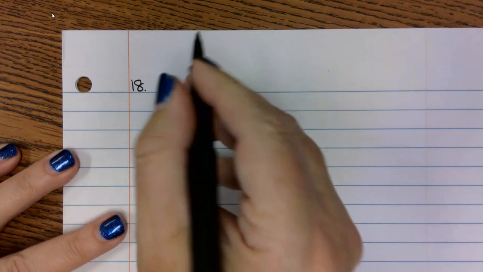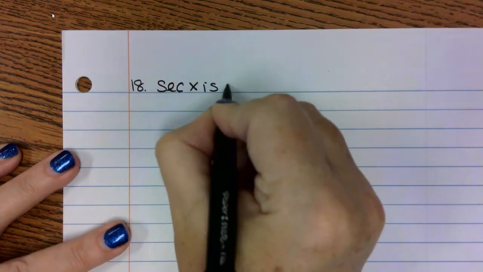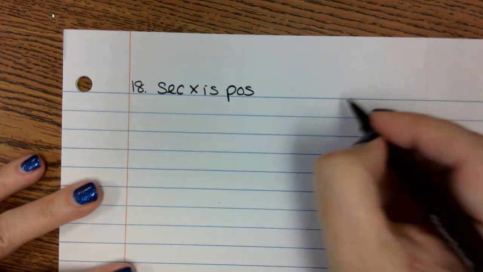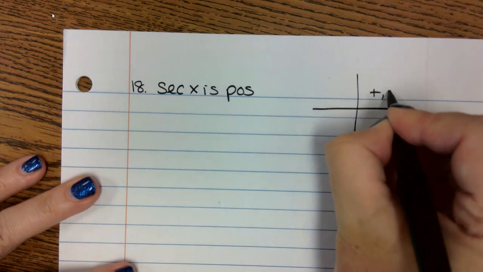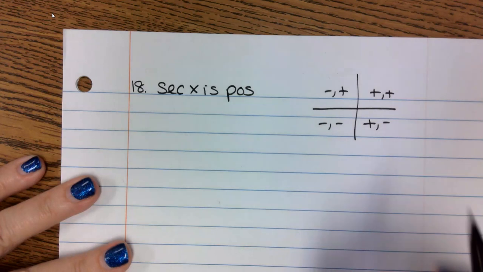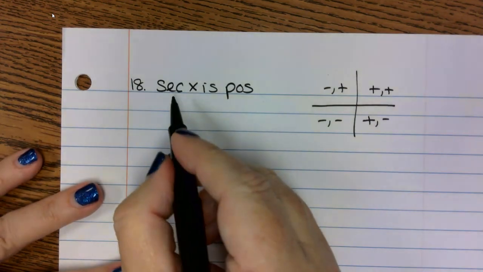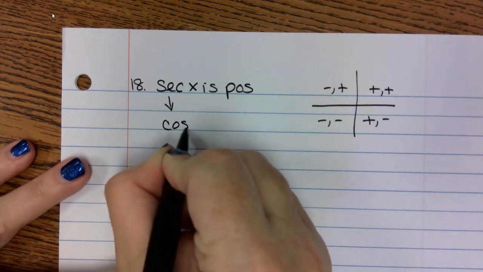18. We want to know when secant x is positive. Okay, so let me draw this. Okay, I love y'all. Y'all try not to do this. My advice is do this. So we know secant is just 1 over cosine.